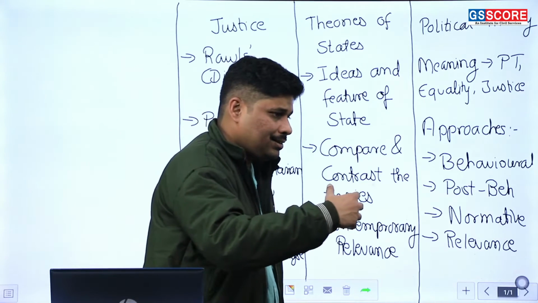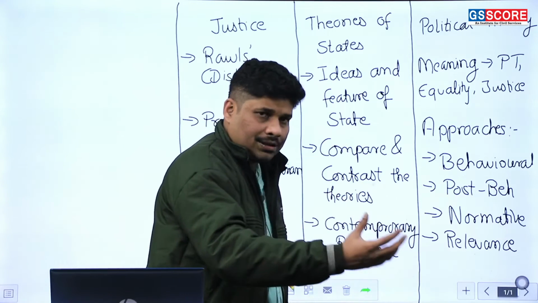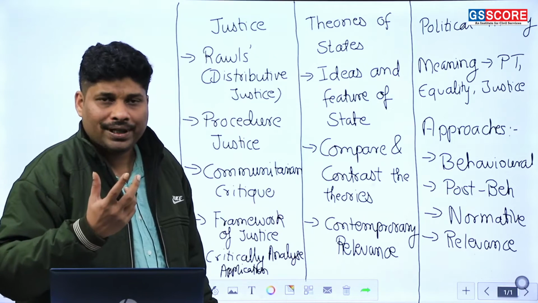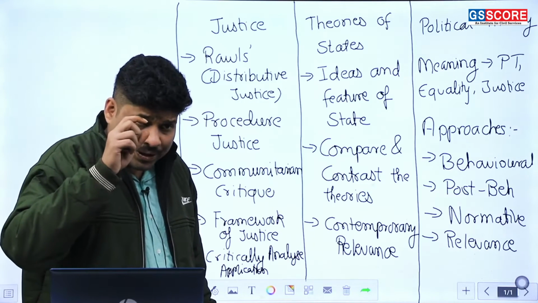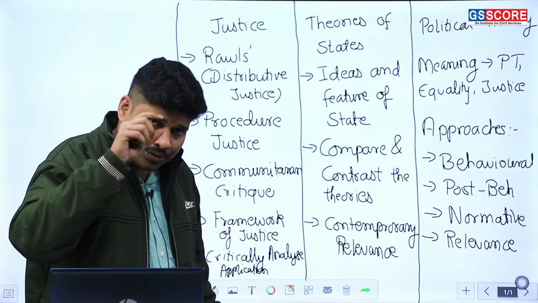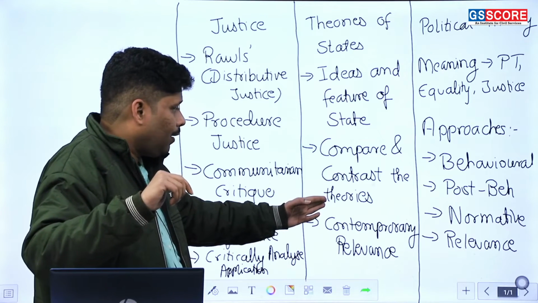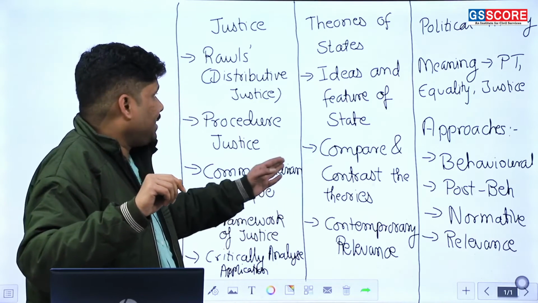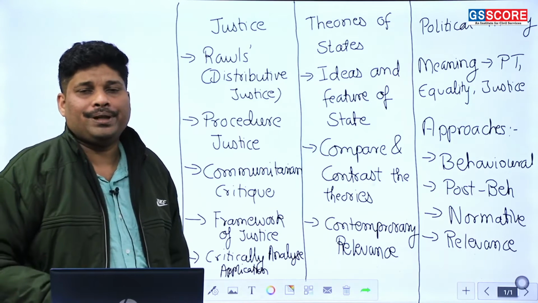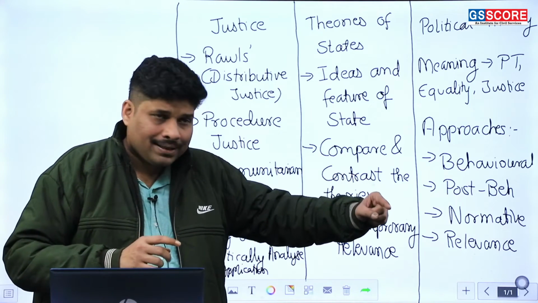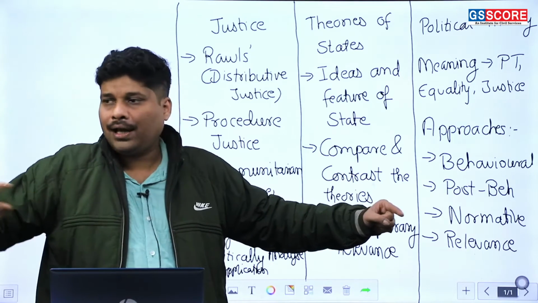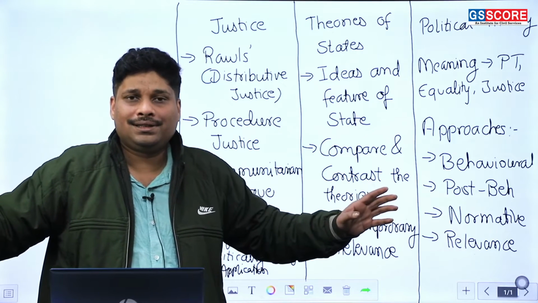The state is an institution which is created for the purpose of providing justice. So in a particular type of state which is based on a particular idea, how will ideas like justice, liberty and equality be met? So here you are connecting theory of state with the concepts of liberty, equality, justice.